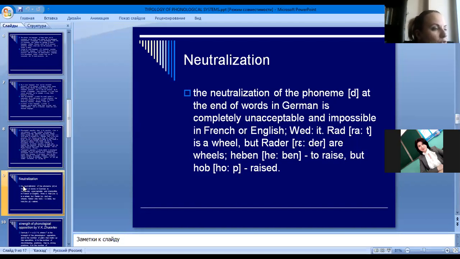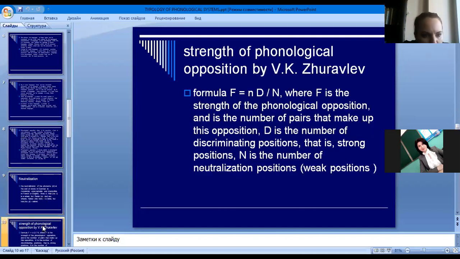So typological analysis of phonological systems involves the establishment of not only qualitative but also quantitative indicators, which can be achieved by determining the strength of phonological opposition. This term was introduced by the linguist Zhuravlyov, and we are going to look at the formula.